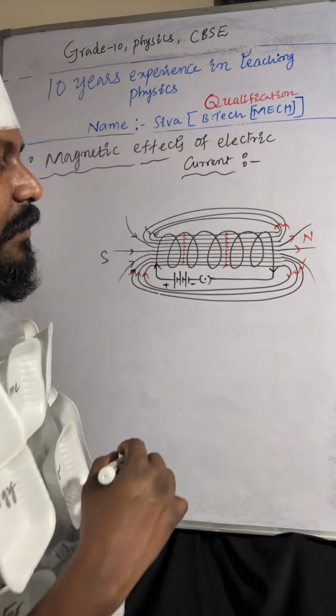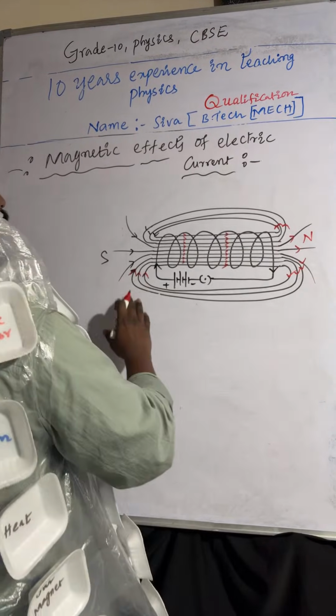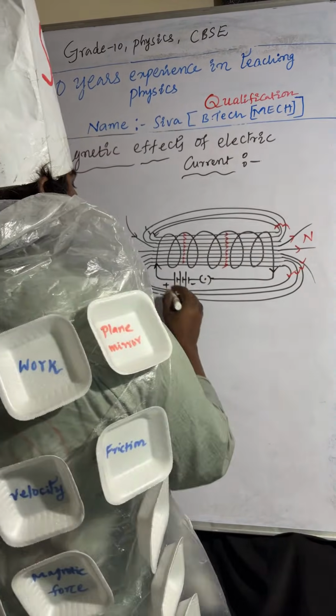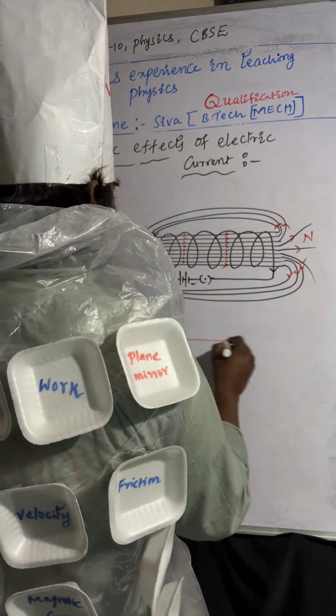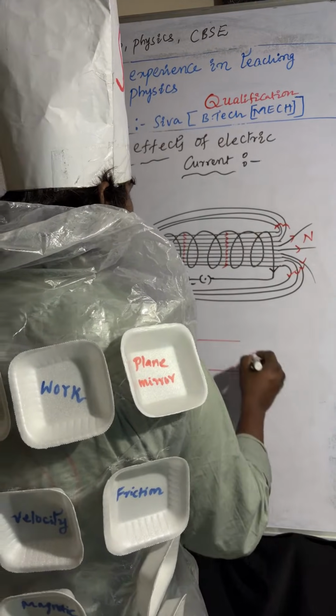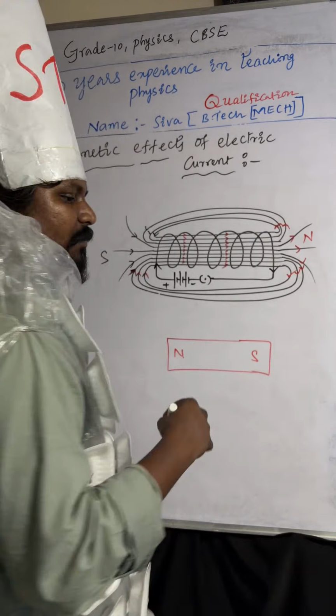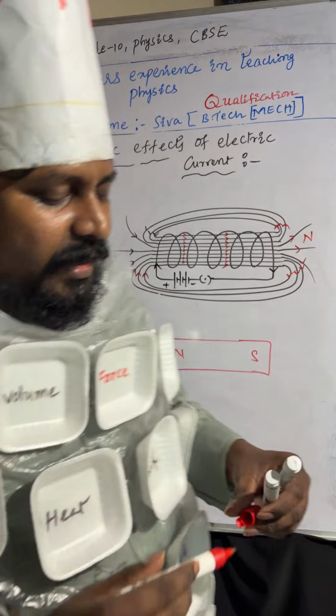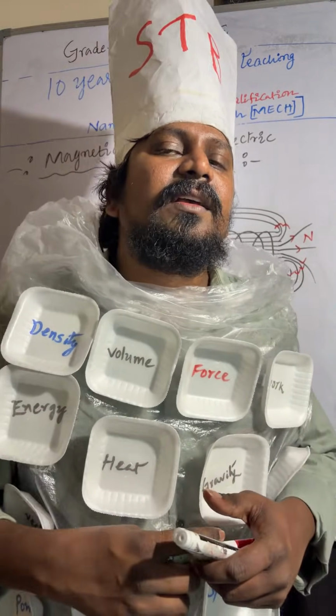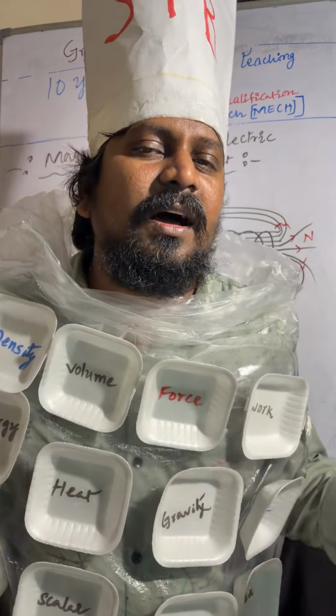So now you can observe here, this side is south, this side is north. Current is entering here and leaving here. You have to compare this with the magnetic field of a bar magnet. Here you need to understand one thing: a solenoid acts as a bar magnet.